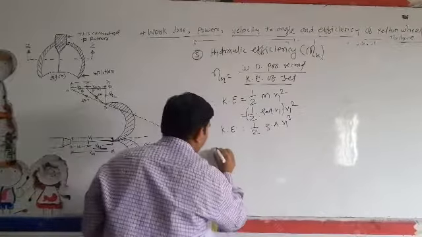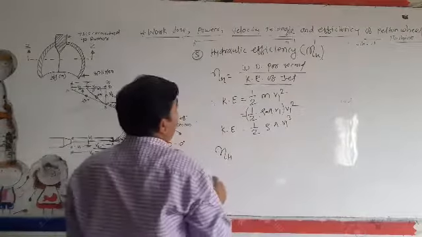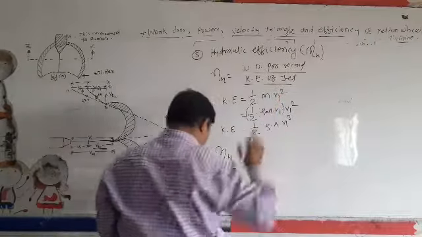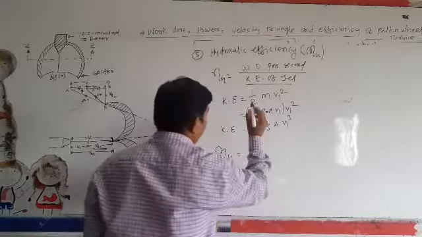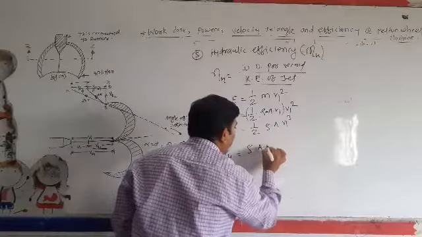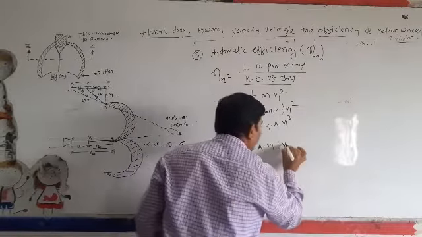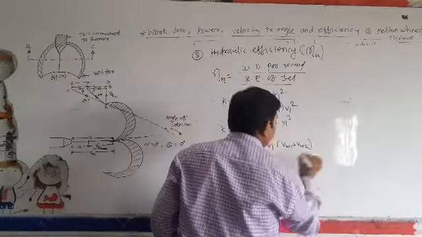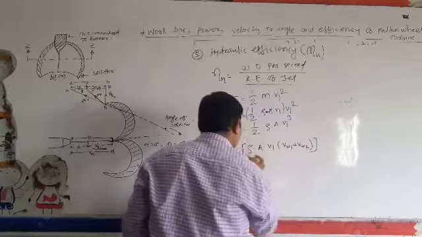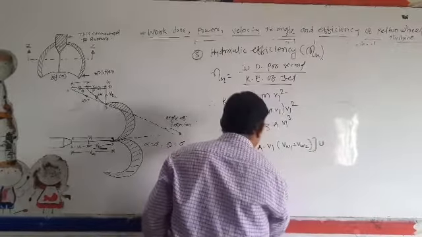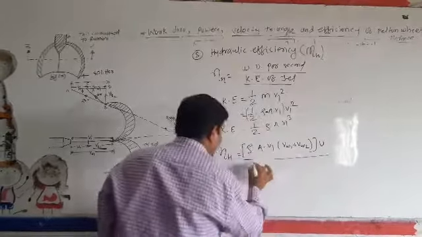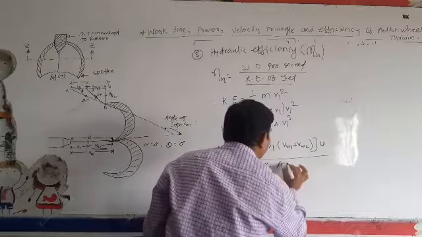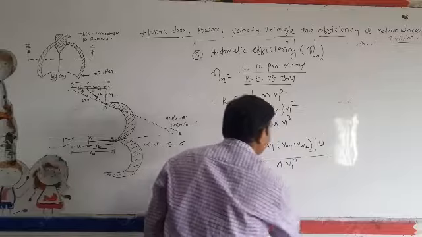Then the hydraulic efficiency of the Pelton wheel turbine is equal to work done per second, which is rho a v1 (Vw1 plus Vw2) into velocity u, divided by 1 by 2 rho a v1 cube.